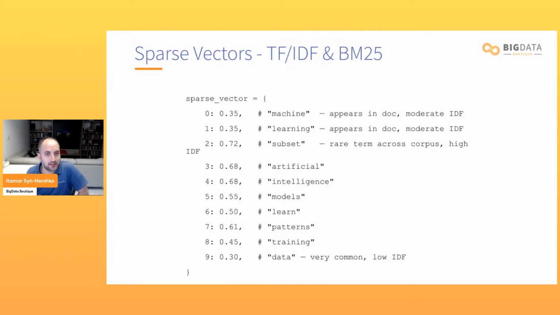A more advanced algorithm is BM25, which basically does that, but with some additional nice additions on top of it. It's pretty much the industry standard, and it's something that we consider today as a much better variant of the general TF-IDF. So this is a sparse vector.